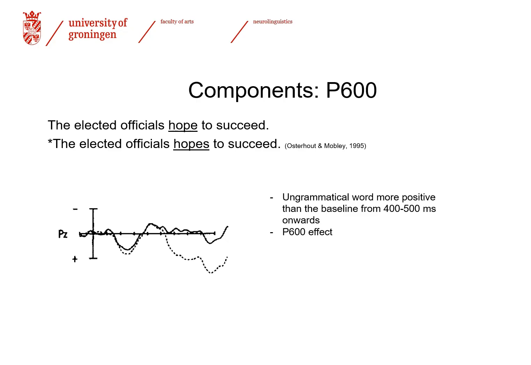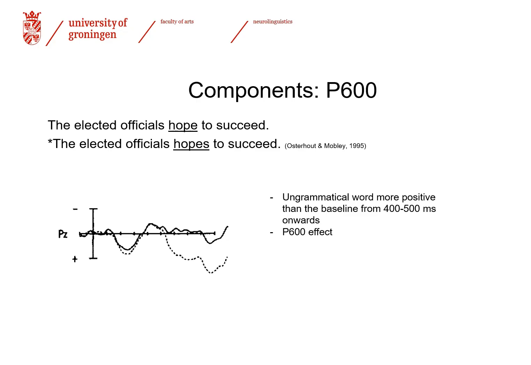So if you compare the two sentences given on the slide, the elected officials hope to succeed and the elected officials hopes to succeed, with the experimental sentence containing a subject-verb disagreement, we can see in the graph that the brain response represented by the dotted line is more positive than the baseline starting some 500 milliseconds from the onset of the word presentation. The duration is actually quite long.